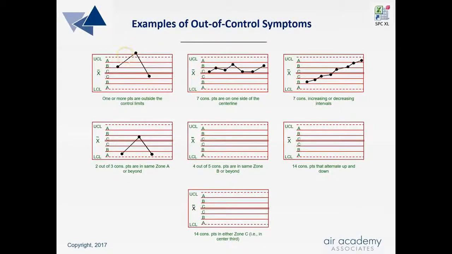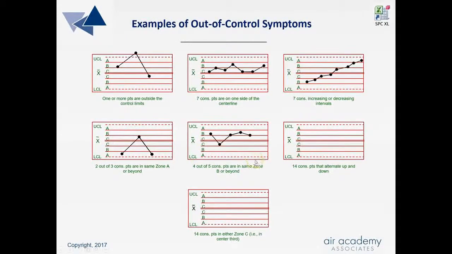2 out of 3 consecutive points in a zone A or beyond. Now when you see the word beyond here, what that means is that beyond the lower zone A would be down here. That is to the tail direction of the distribution. The beyond the upper zone A would be in the upward direction, that is in the tail direction of the distribution.